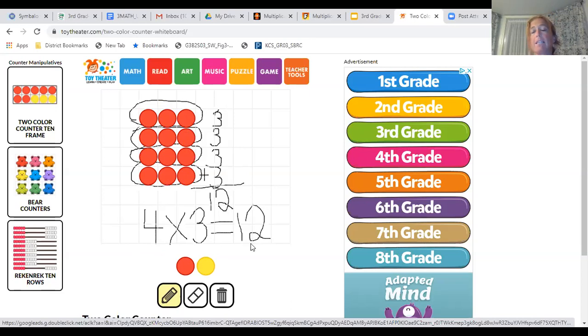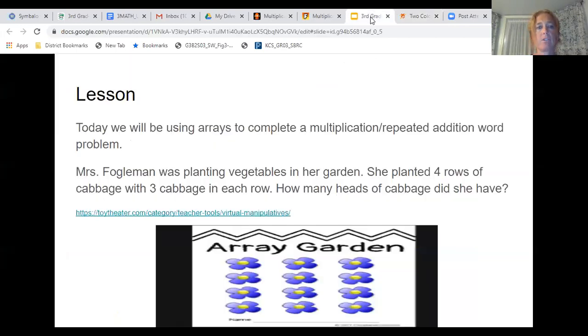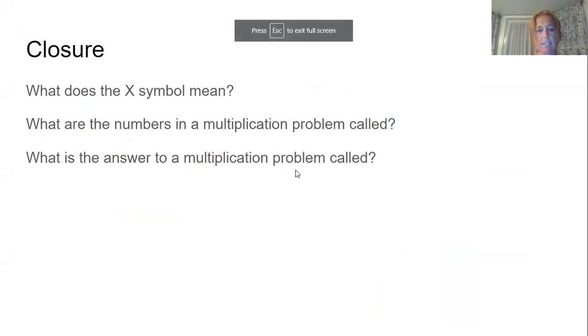So an array is another good strategy to have in your toolkit to use to figure out answers to repeated addition problems or multiplication problems. Just make sure that the number of rows is your groups, the number in each row is your number in each group. Okay? All right, so let's go back to our slides.